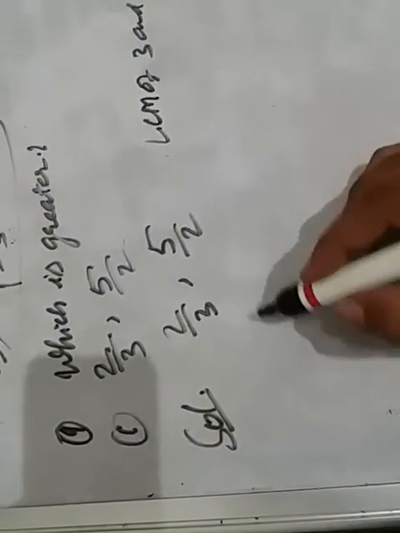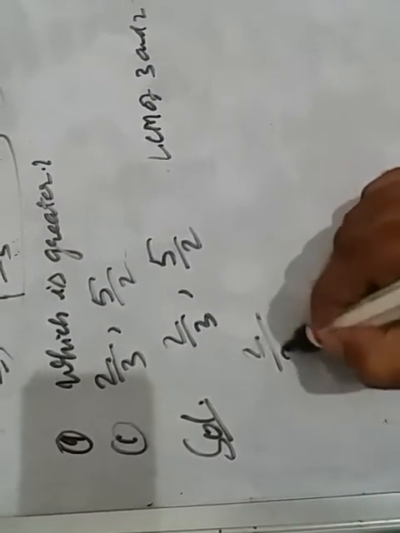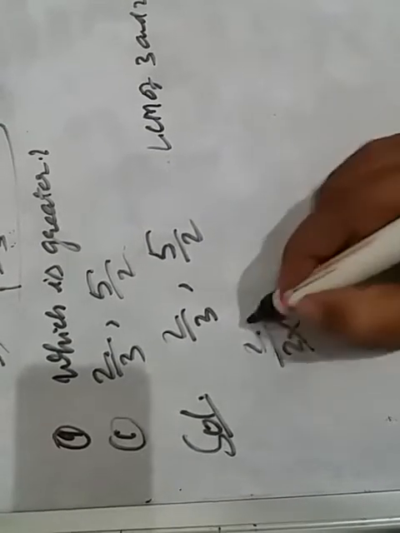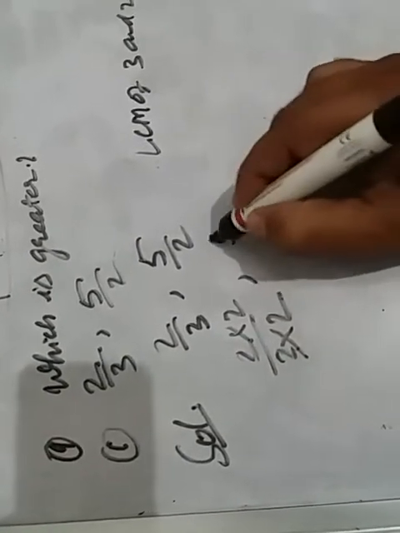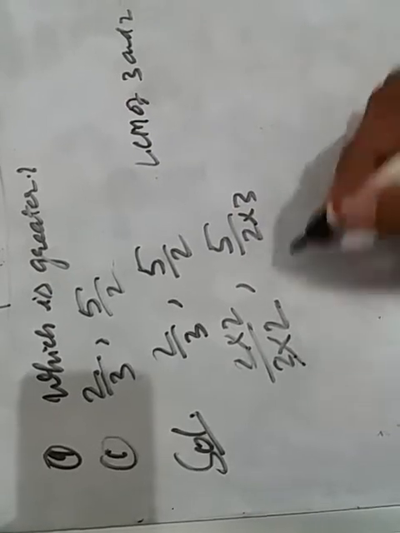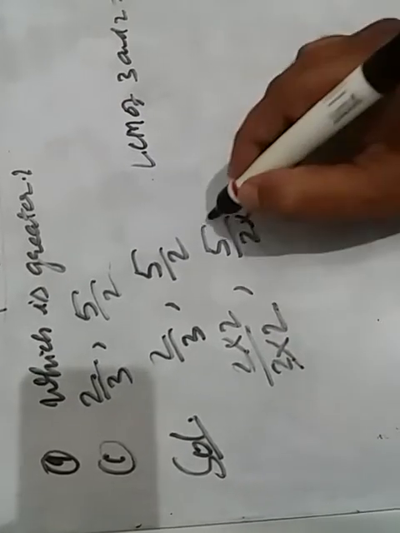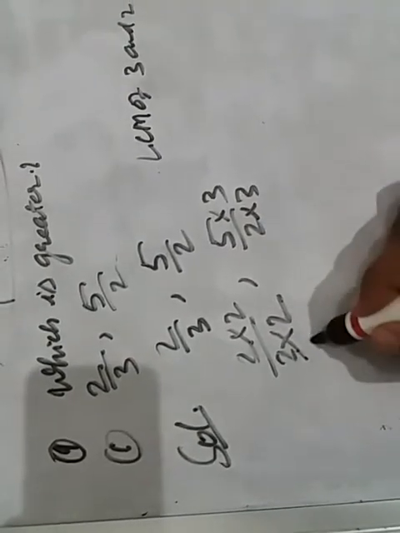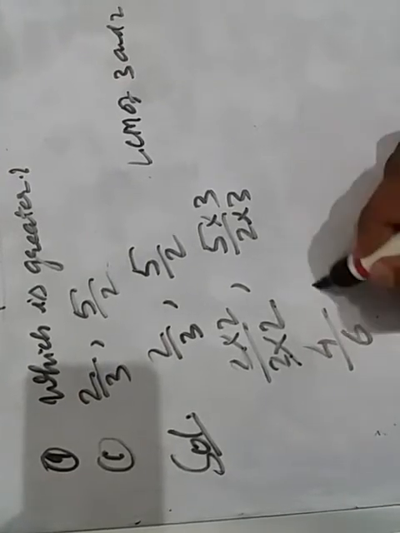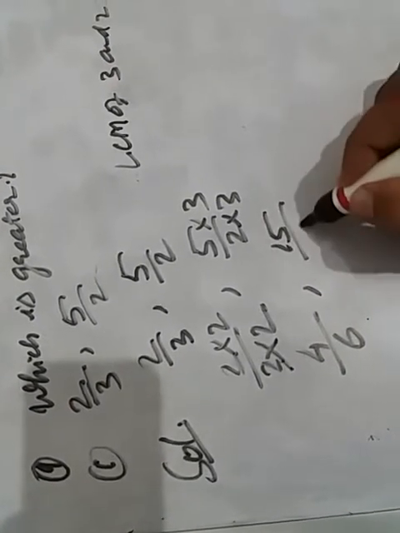Because they are co-prime numbers. So 3 2s are 6. Their LCM is 6. So make both the denominators equal to 6. That is 2 upon 3 multiplied by 2, and the same here, 5 upon 2 multiplied by 3. This is 2 2s are 4 upon 3 2s are 6, and this is 5 3s are 15 upon 2 3s are 6.